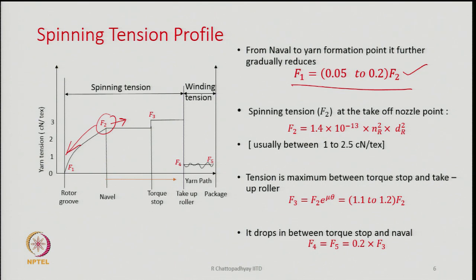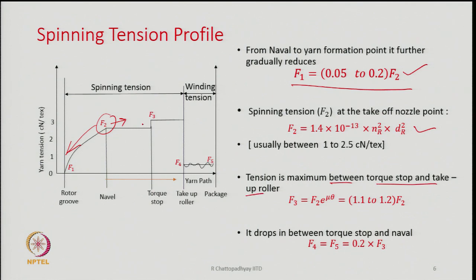F2 is the value of the tension here after the navel. This takes care of the frictional resistance the yarn experiences while crossing the navel, where there is a bend. Then the tension is maximum between the torque stop and the takeoff roller.